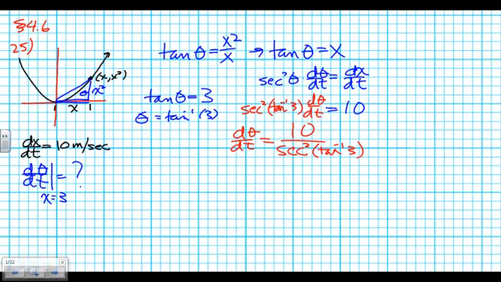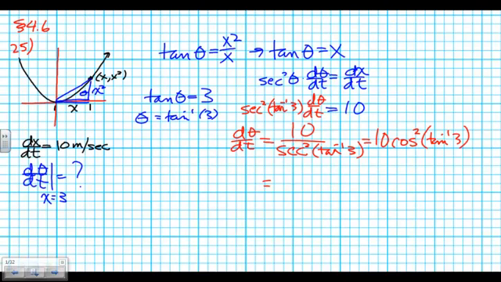I have a number here. It's a long decimal number. Now, can I clean that up before I go to the calculator step? And the answer is, if I'm dividing by secant, it's the equivalent of multiplying by cosine. So 10 times the cosine squared of the inverse tangent of 3.